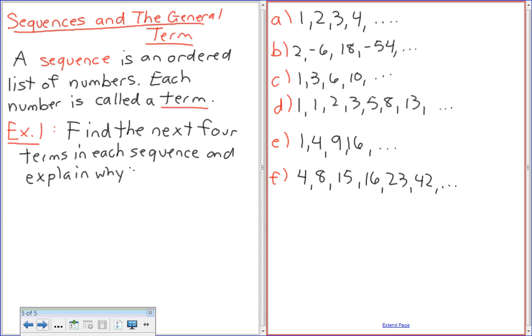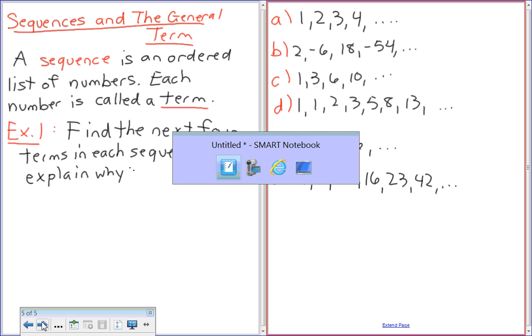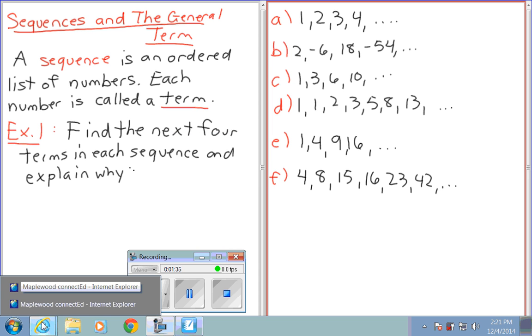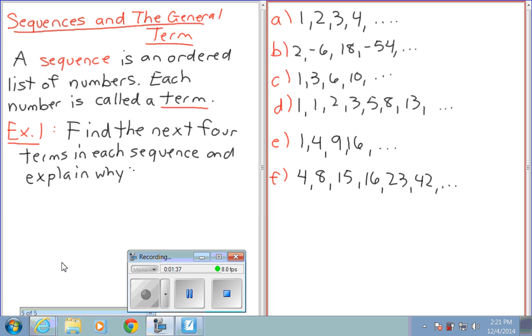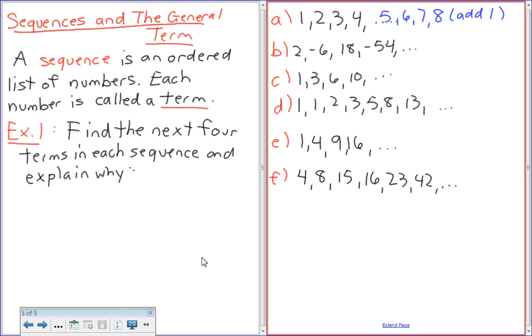For some, these will be completely obvious. For others, they'll say, I don't quite get it. If you're in that group, they're not obvious, okay? We will learn in this unit how to find this stuff.